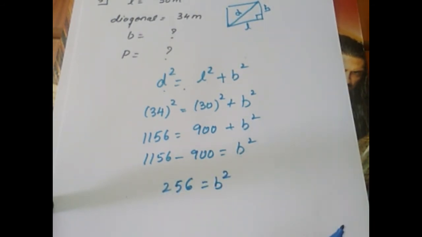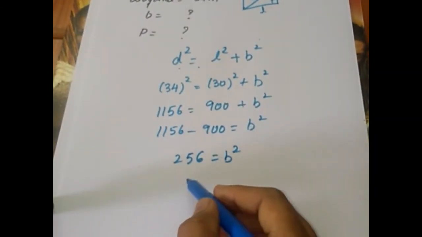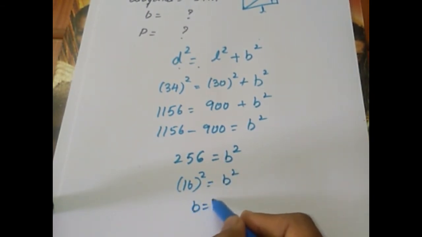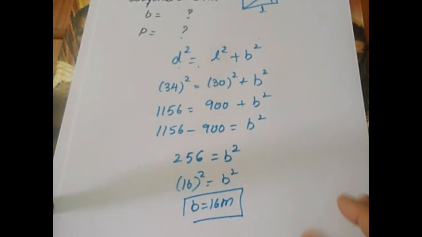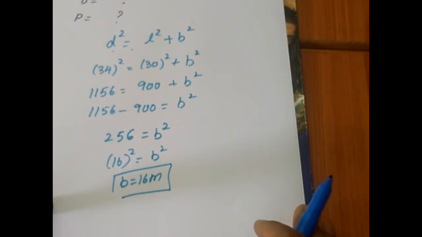So 256 is B square. 256 can be expressed as 16 square, 16 into 16, hence the breadth is equal to 16 meter. Now we know the measure of breadth, that is 16 meter.